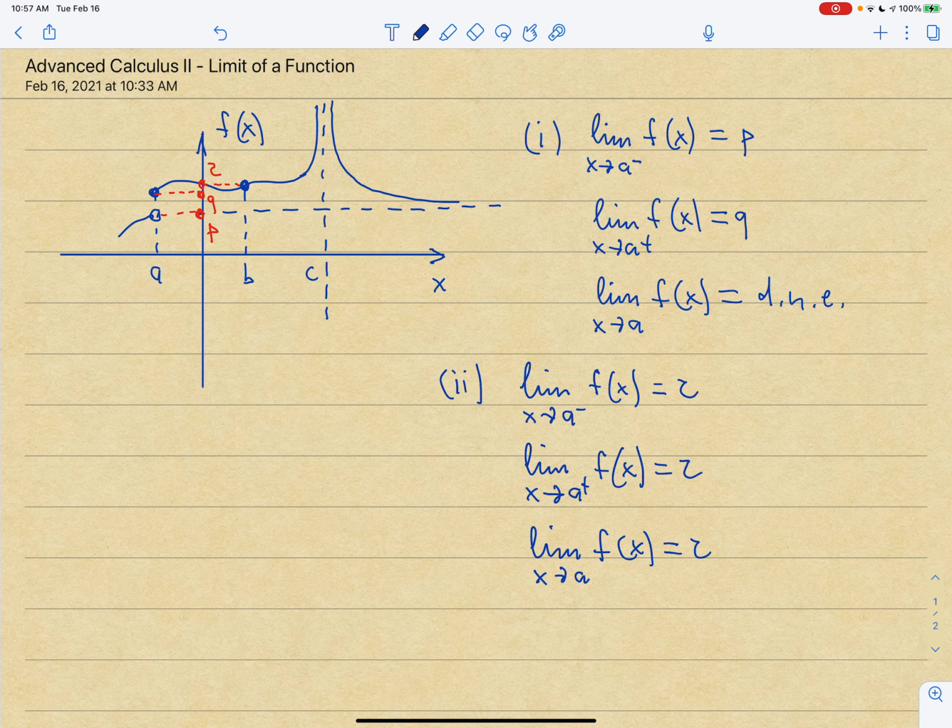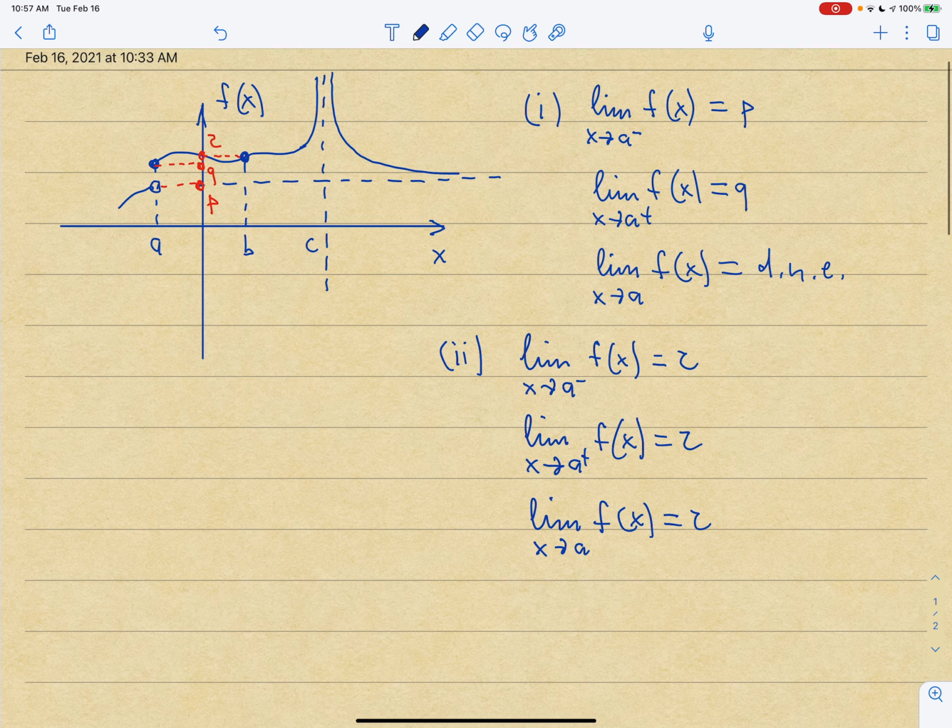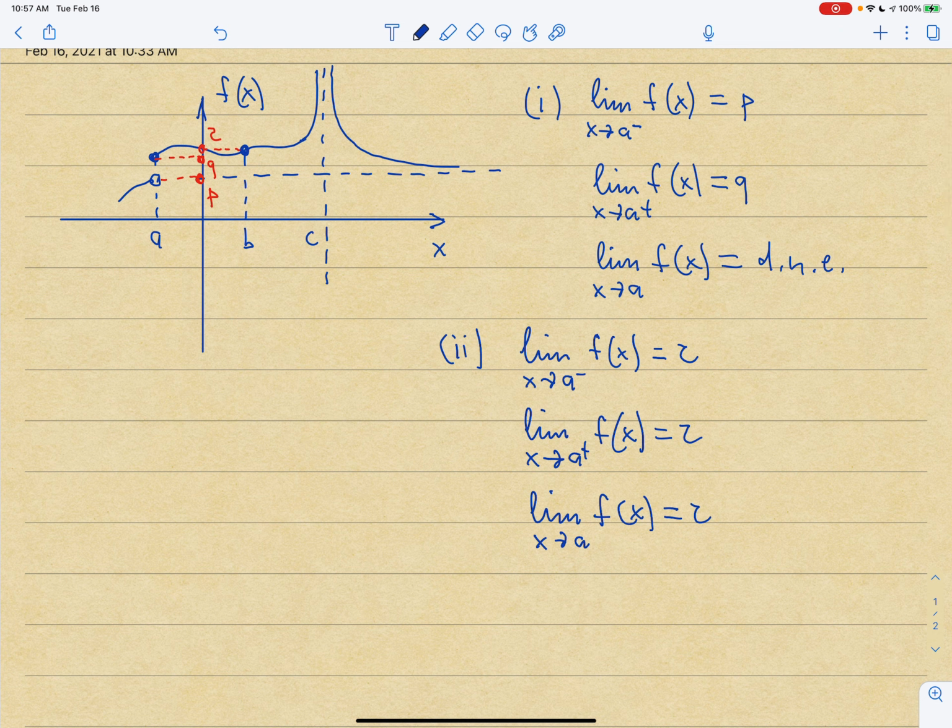Now, what about C? So number 3. We take a limit as x goes to, not A minus, in fact, sorry, it was not A here either.